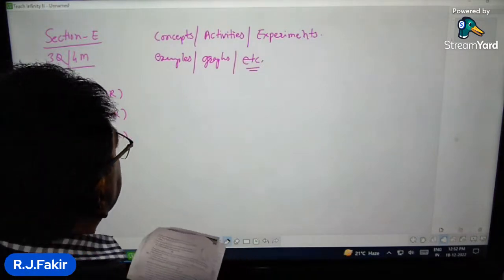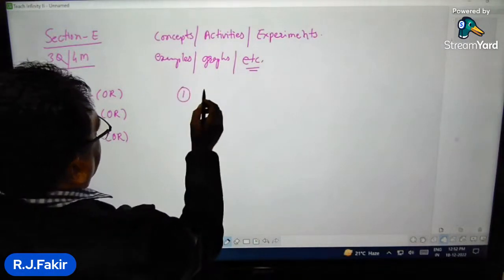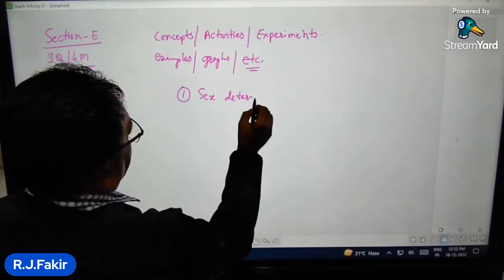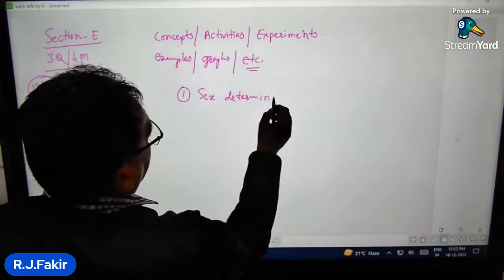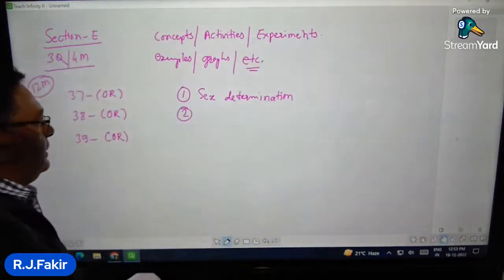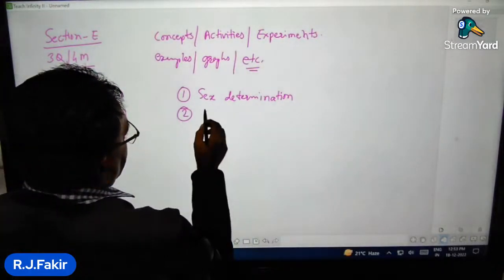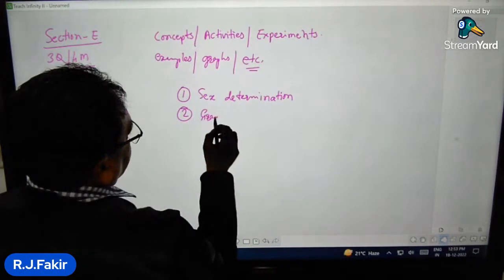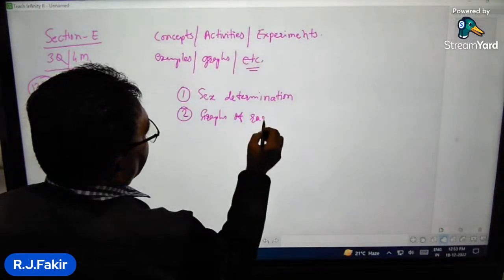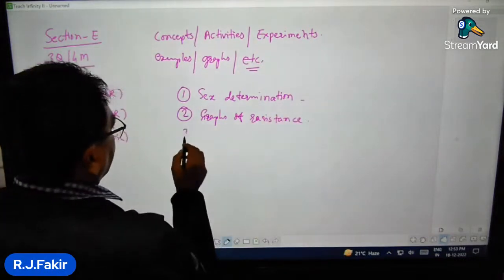Here the possible topics we can list out are sex determination, that XY cross. Then another topic can be the graphs for resistance. Different materials they can take and draw the graph and ask you some questions.